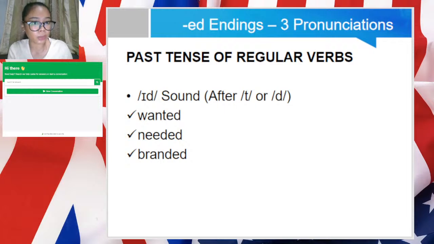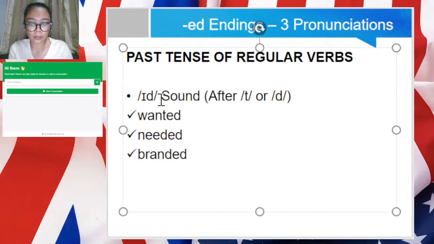So what we do here is add an extra syllable, and the suffix ed is pronounced as id. Again, it is pronounced as id.